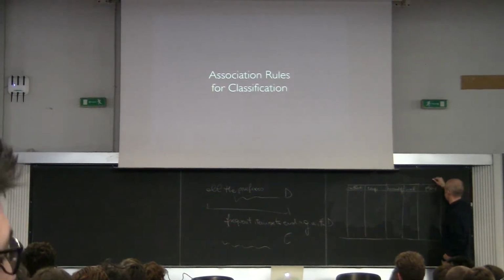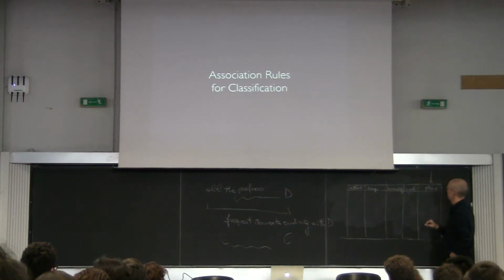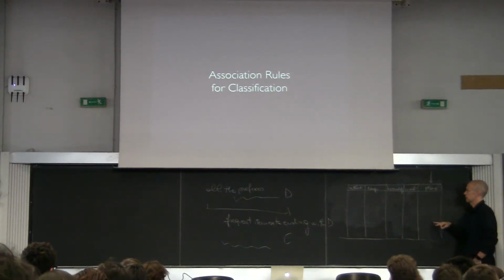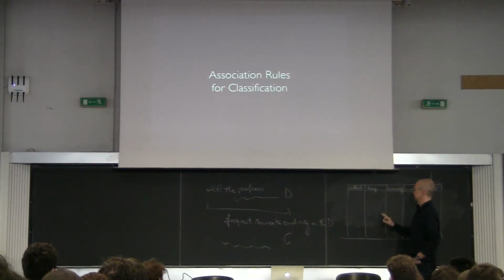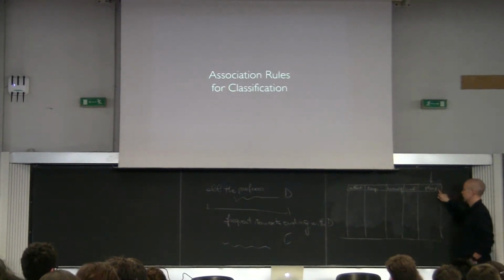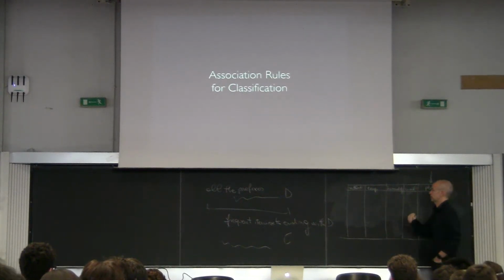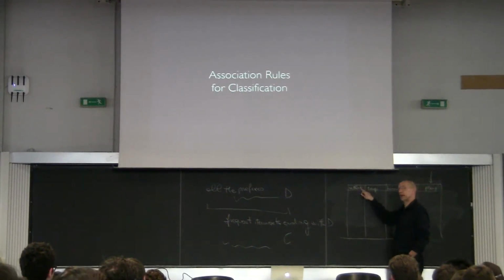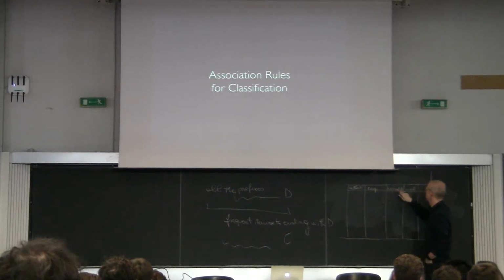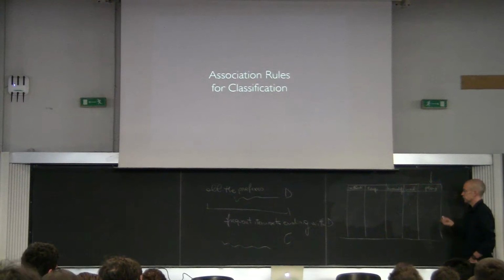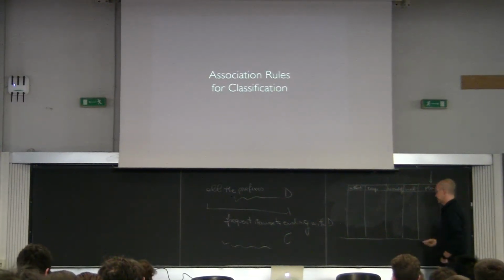Now, typically this is a classification problem where your goal is to find a model that predicts whether you're going to play or not based on the outlook, which is sunny today, I would say, the temperature, the humidity, and the wind. Okay? So this is a classification problem.